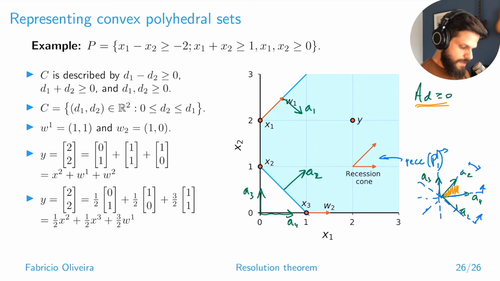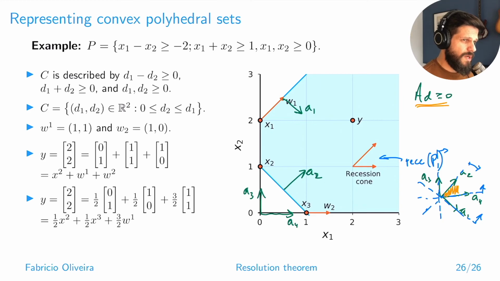And the last thing is that now, if I get a generic point in my set, I can represent this point by a combination of extreme point x2, which is 0, 1, and the extreme rays w1 and w2. So basically this is saying start from x2, move along w1, then move along w2, and you get to the y.